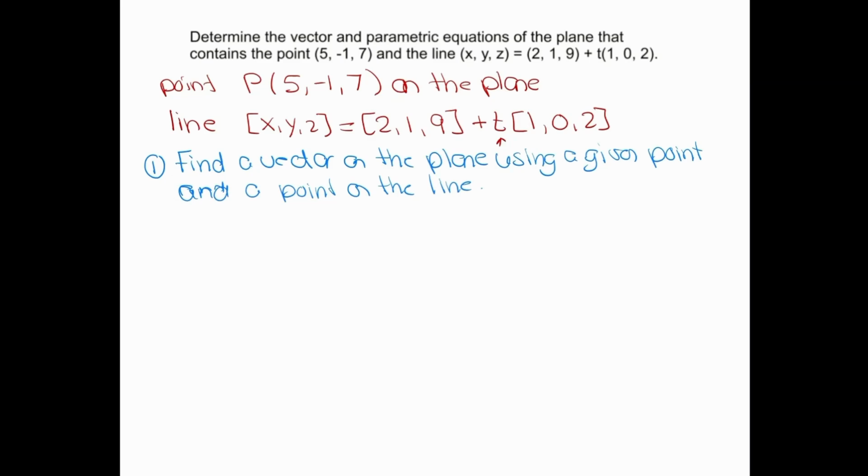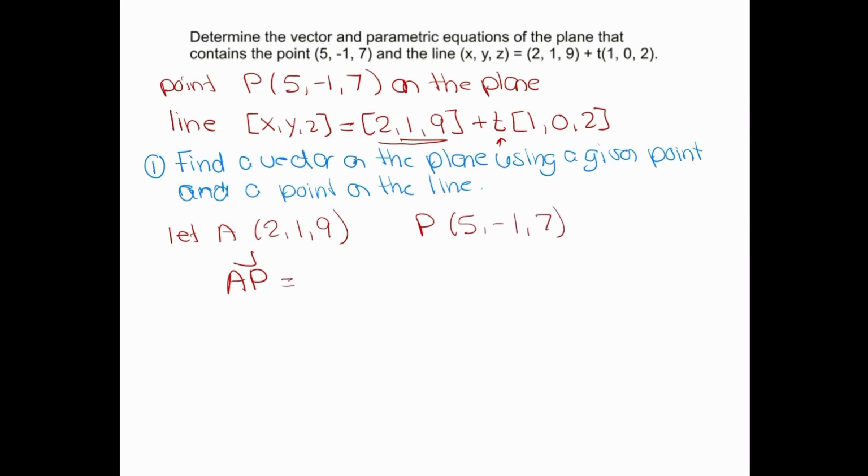Okay, here we go. So we're going to let A be a point on the line. So we know that we have a point at 2, 1, 9. It's going to be a point on the line. So we can determine a vector AP from our point A. And remember, we have point P that we already knew was on the plane.